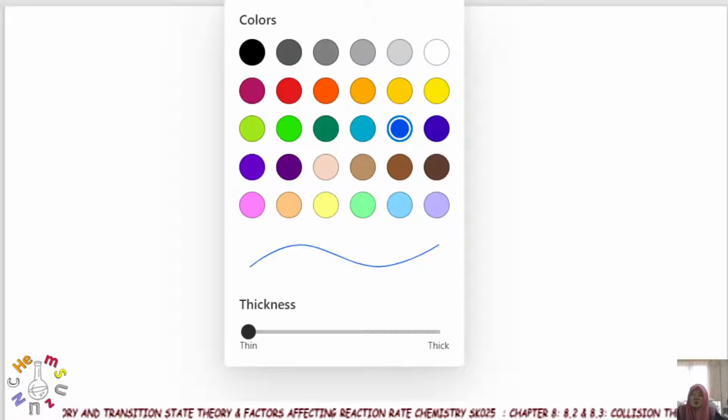So you are referred to the colliding molecule have a total kinetic energy equal or greater than the activation energy.